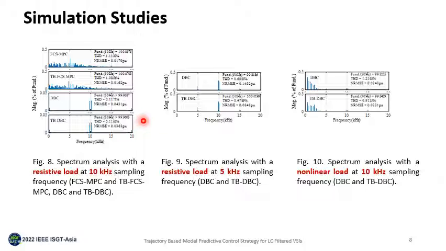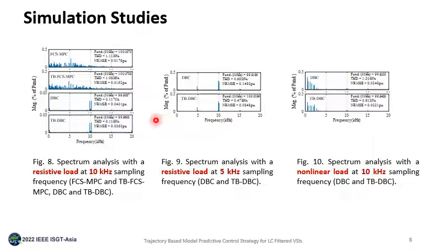Here, some simulation tests are carried out under different switching frequencies and load conditions to validate the proposed strategy. As shown in Figure 8, when TBMPC is combined with different existing MPC strategies like FCS-MPC and DBC, it shows improved performance in terms of smaller THD and NRMSE for both controllers.